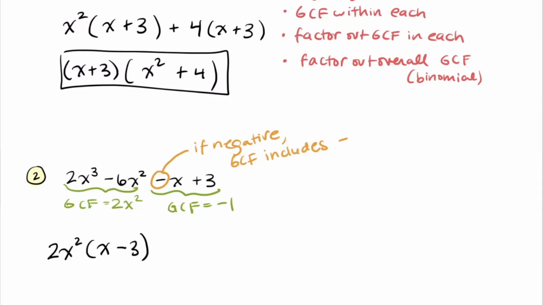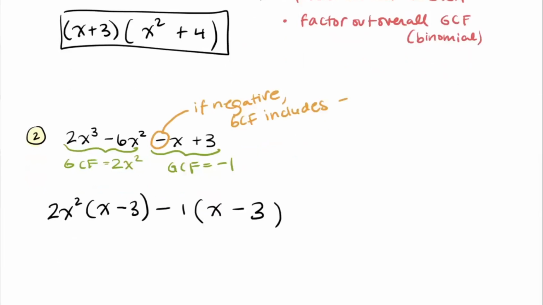And then our GCF of the second group is negative 1, so we'll have minus, and then 1. Right, and we're thinking about undistributing this in, so we're basically dividing out a negative 1, so everything's going to change the sign. So instead of minus x plus 3, we'll have positive x minus 3.